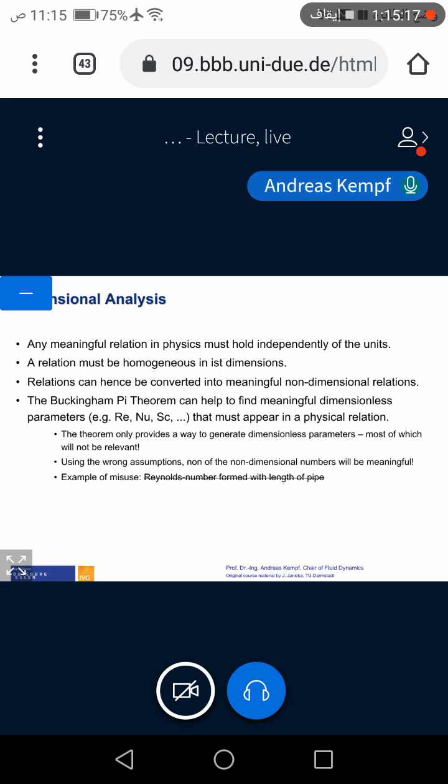You can have a look at the Buckingham Pi theorem to find out how to find meaningful dimensionless parameters that describe the physics, and that can be used as a basis for nice mathematical relations describing the physics. This is cool because probably most of the time you have never looked at the units only to check if your equation might be correct, but actually you can use the units as a requirement for deriving equations.